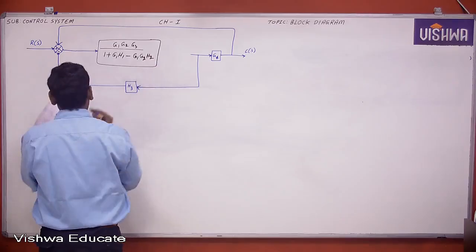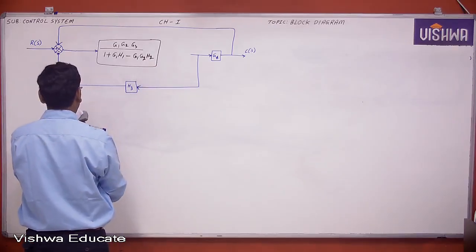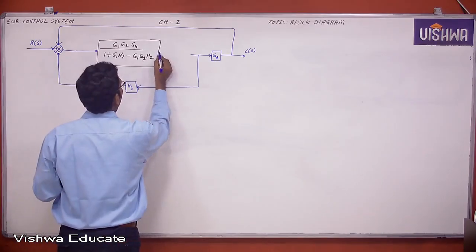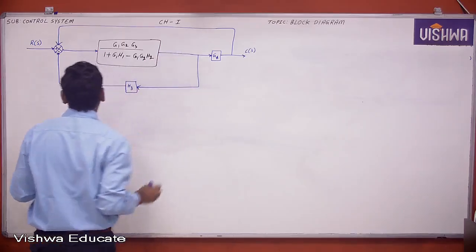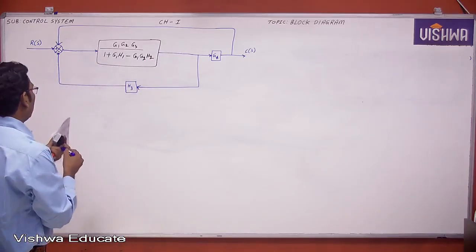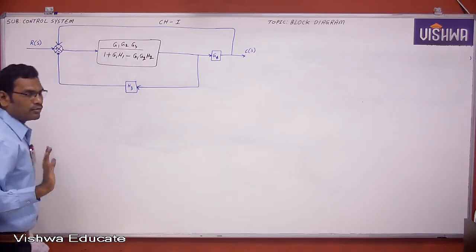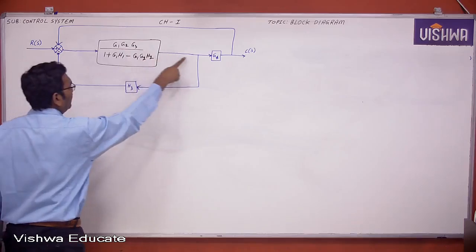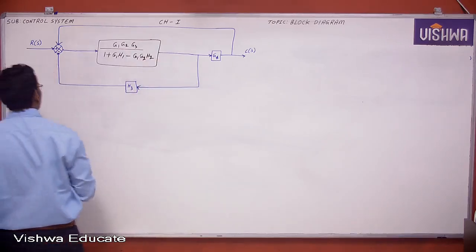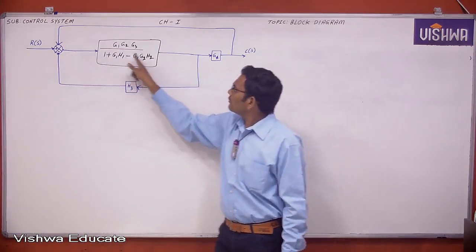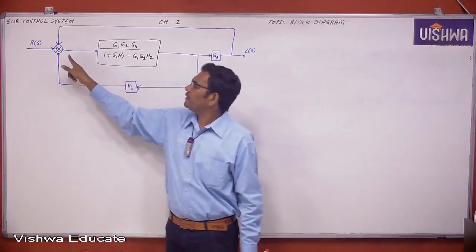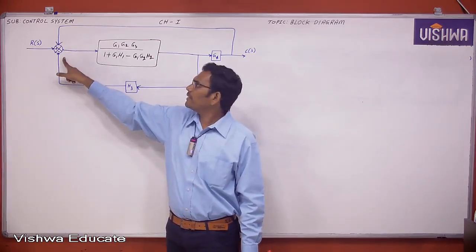Now you just carefully observe here. This is one forward path, and this is the feedback path. But which feedback is here? The feedback here is negative.